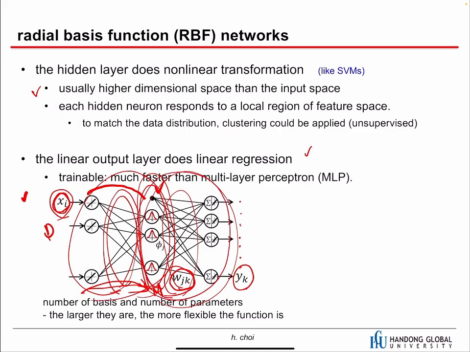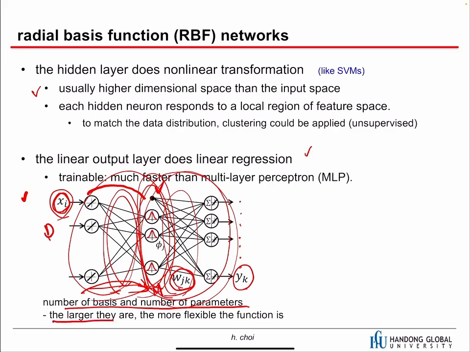It's really fast. Training these RBF networks doesn't take much time. It takes less than 1 second, even when you have a lot of data samples; still, less than 1 second would be enough most of the time. The number of bases and the number of parameters are hyperparameters, right?